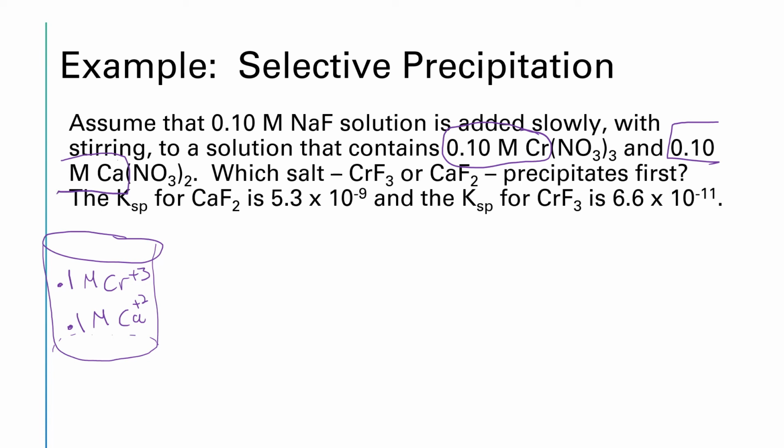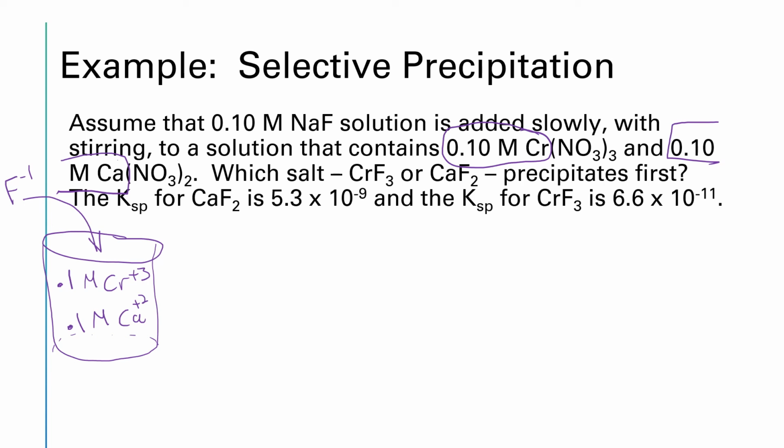So we've got this beaker that has these two ions floating around in it, and we're going to start adding to it fluoride ions. Those fluoride ions are going to be coming from a separate source, a separate beaker, and it's really kind of irrelevant that it's a 0.1 molar sodium fluoride solution for this particular problem. It's just going to be a source of fluoride ions.